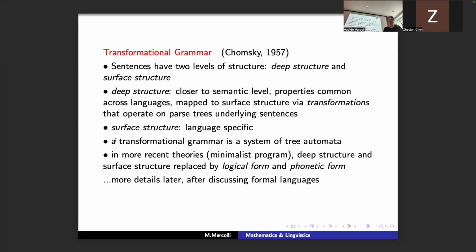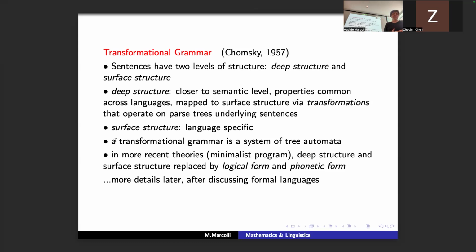And then there are transformations that act on this structure and produce the various manifestations of, for example, the rules that we know, how we turn a sentence into a question, or how we turn a sentence from the active to the passive voice. So these are explicit rules of syntax that are language dependent and less fundamental in some sense. At least this was what was believed at that point. This point of view has also changed significantly in more recent time.